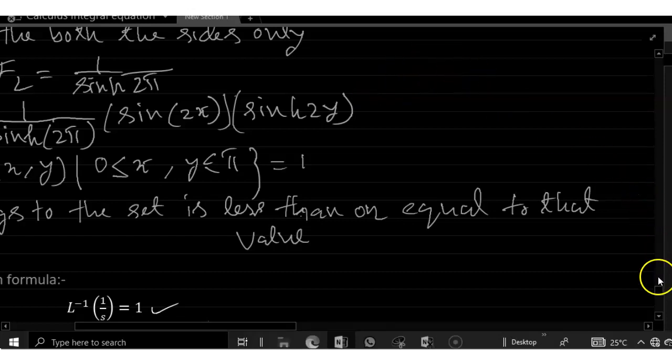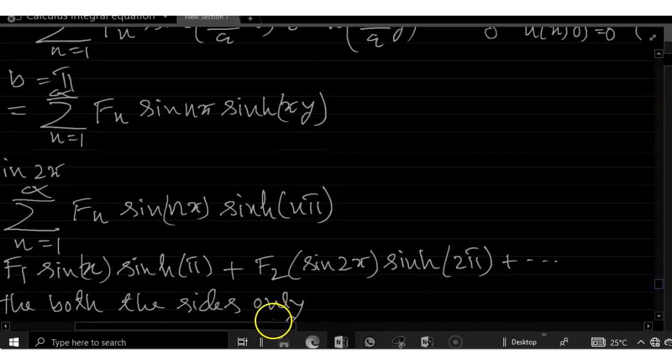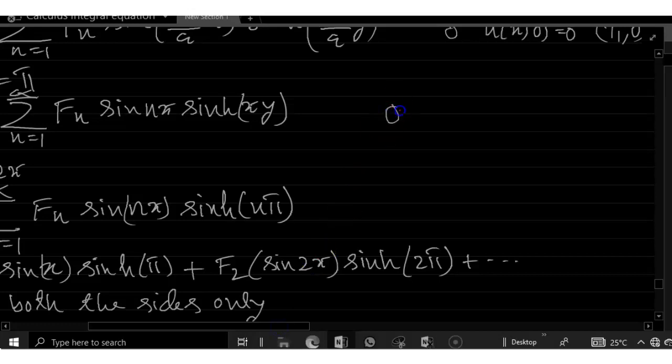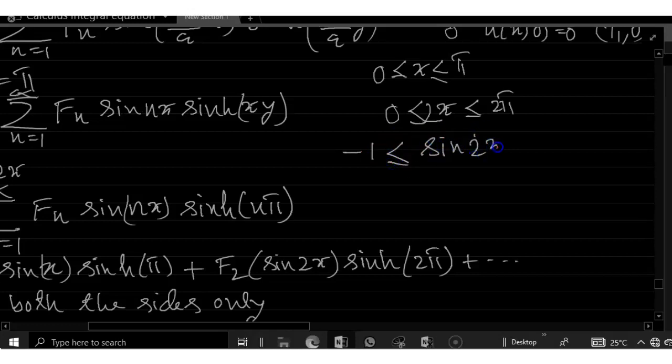So 0 less than or equal to x less than or equal to pi, and 0 less than or equal to 2x, so minus 1 less than or equal to sin 2x less than or equal to 1.